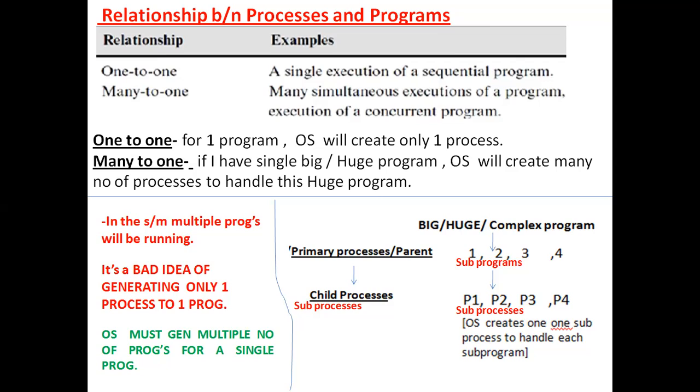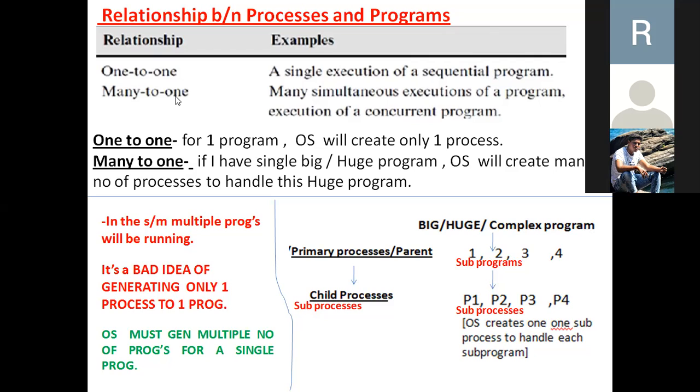For that, the OS will create many processes to handle that huge, big, complex program. When a complex program is divided into n subprograms, the OS will generate multiple processes to handle each subprogram. That is the exact relation in many-to-one.